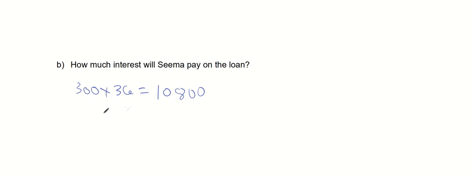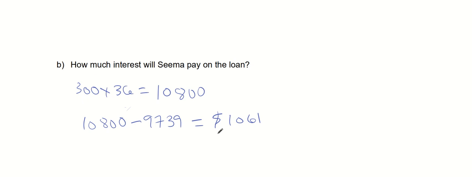So that's without interest. With interest, we find the difference in the numbers. The difference between 10,800 and 9,739 is 1,061. So how much interest will she pay on the loan?